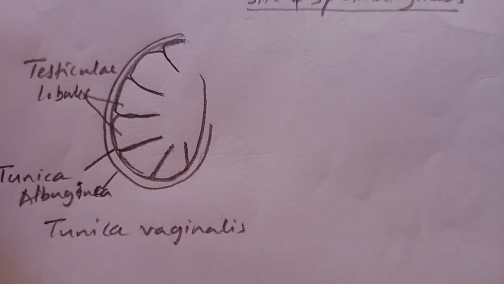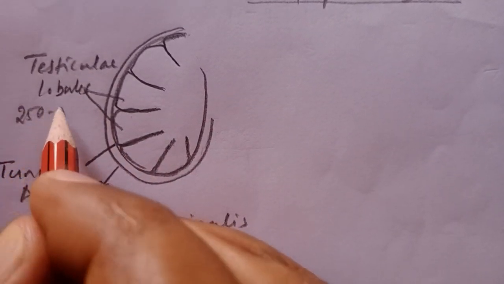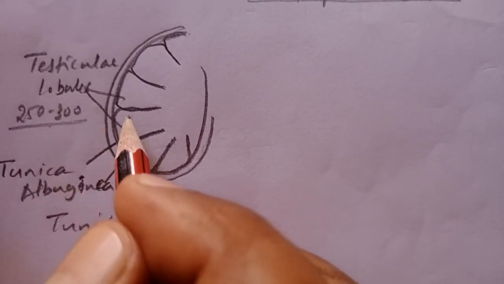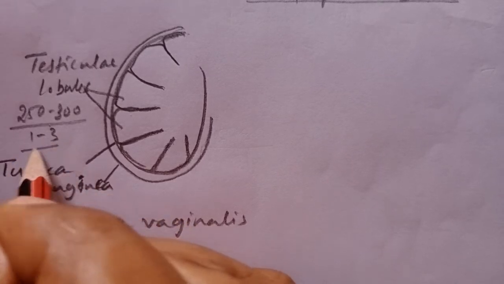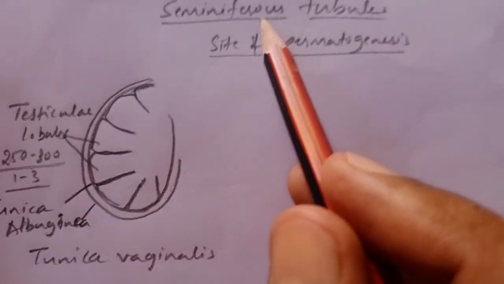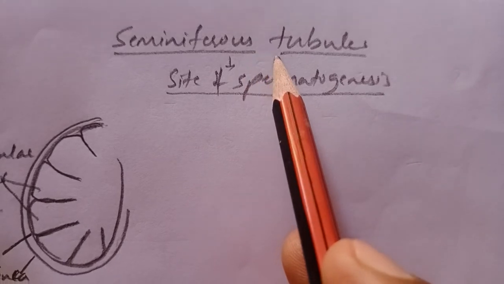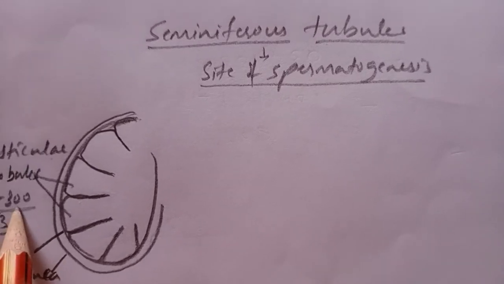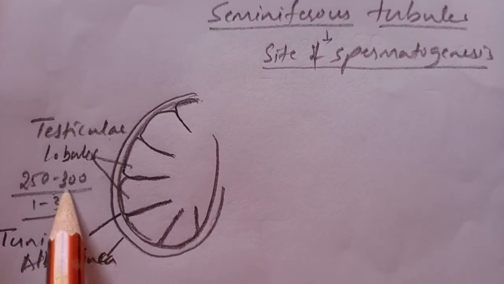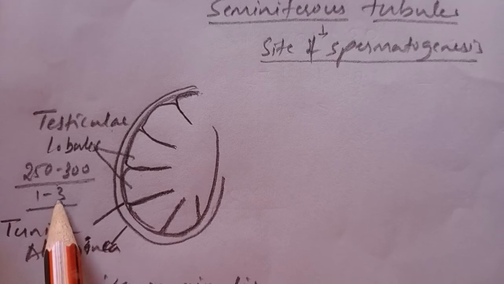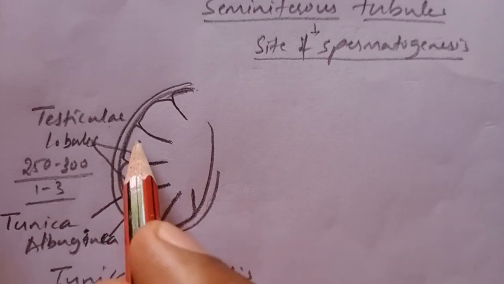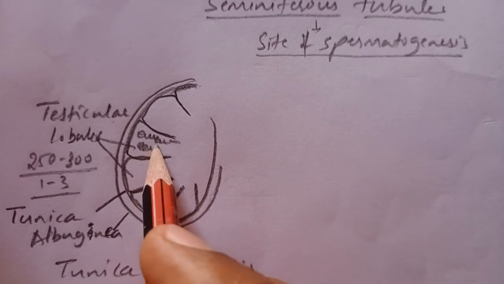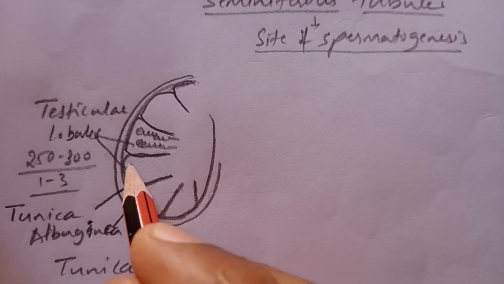About 250 to 300 testicular lobules are there. In each there are 1 to 3 seminiferous tubules. There is a range, so maximum you consider 300, and in each lobule there are highly coiled tubules.